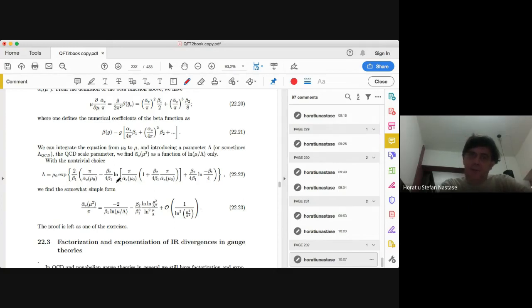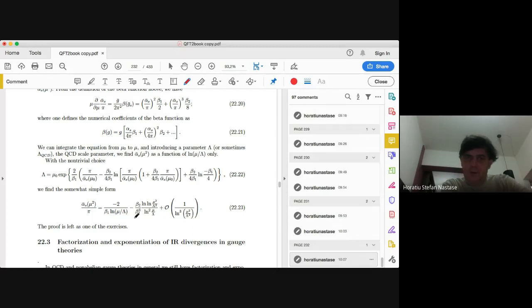I mean, this is chosen such that we find a relatively simple form for alpha strong tilde of mu over pi, which is -2 over beta 1 log mu over lambda minus beta 2 over beta 1 cubed log of log mu squared over lambda squared plus beta 1 divided by log squared of mu over lambda plus 1 over log cubed mu squared over lambda squared.